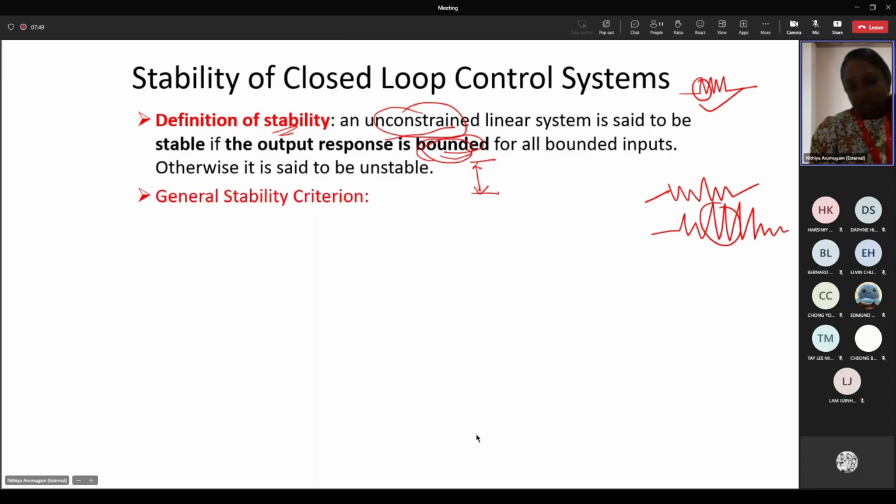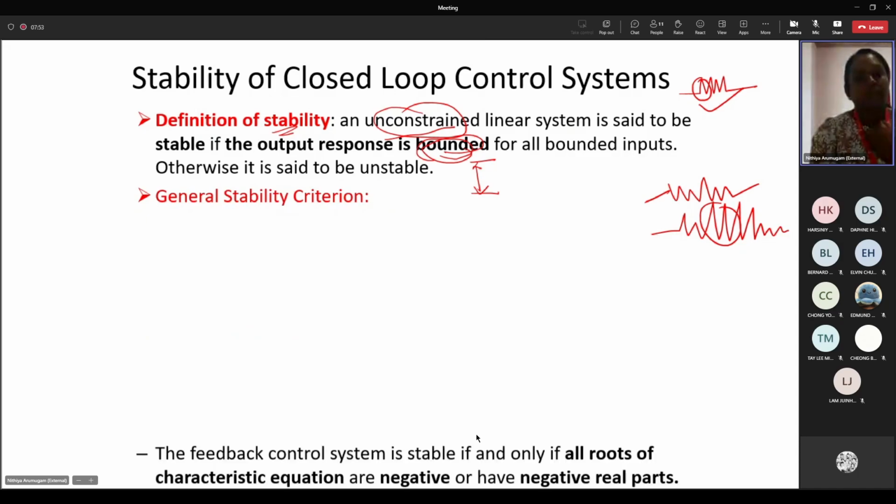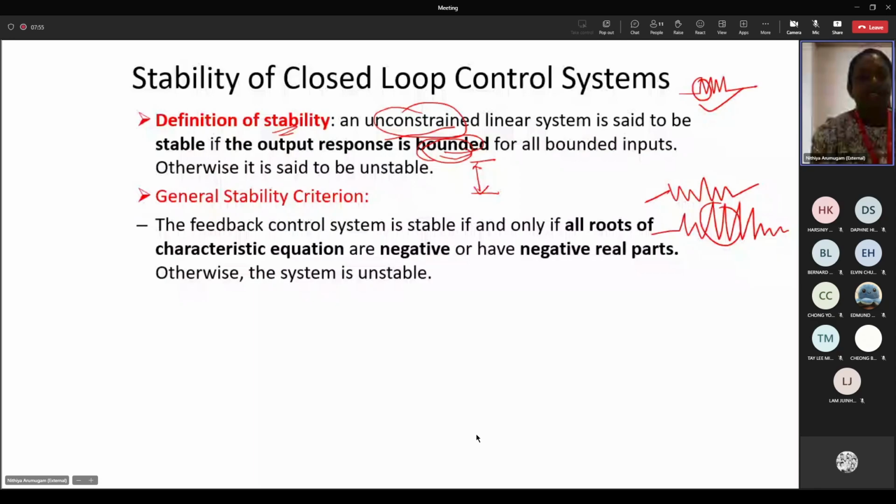Now later we will also be looking into the general stability criterion. What is the meaning of the general stability criterion? The feedback control system is stable if and only if all roots of the characteristic equation are negative or have negative real parts.